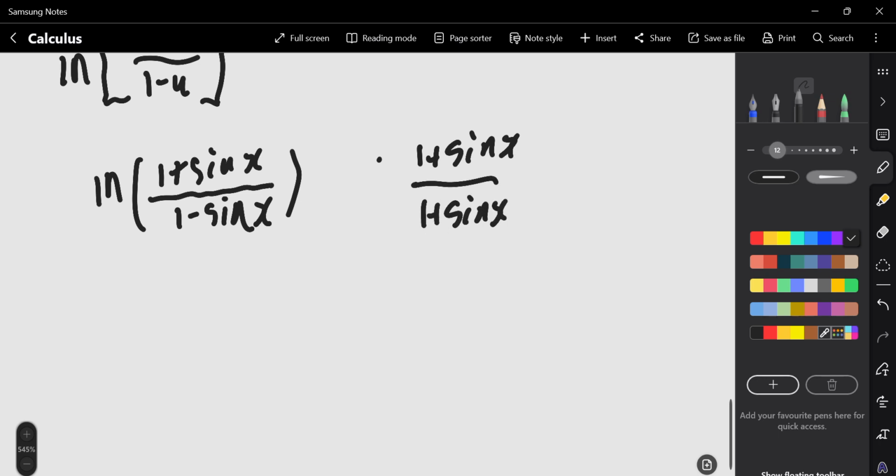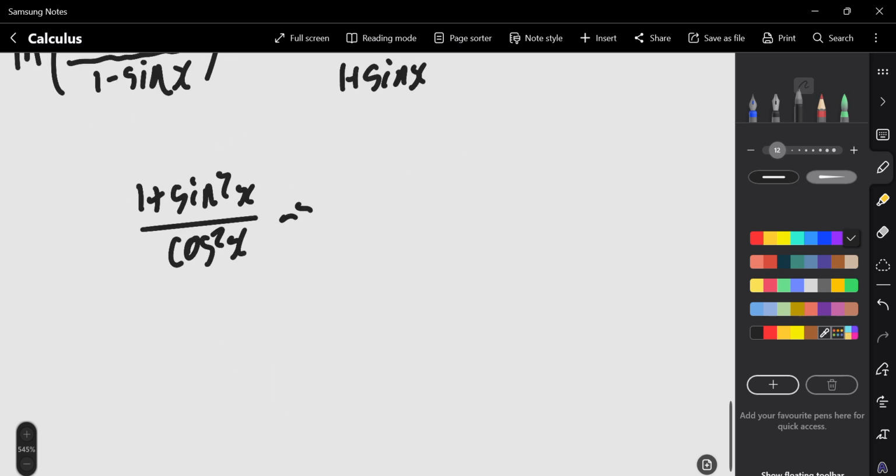Well, on the bottom, we're going to get 1 minus sine squared x. So that's going to be our cos squared x. And on the top, we're going to have 1 plus sine x all squared. So we're left with 1 plus sine squared x over cos squared x.